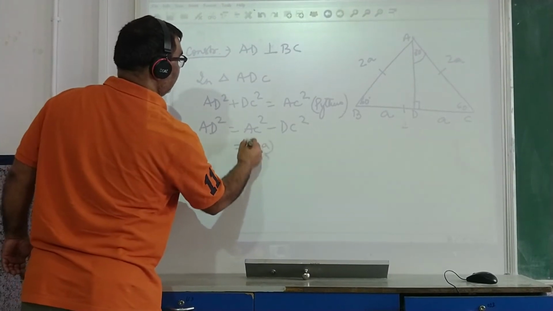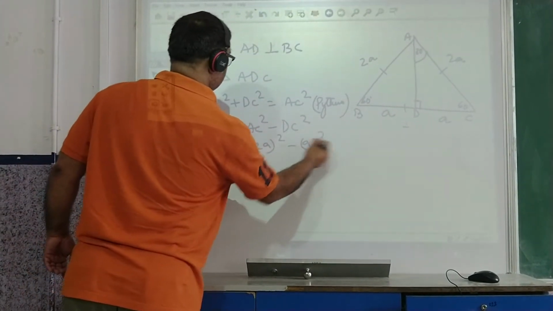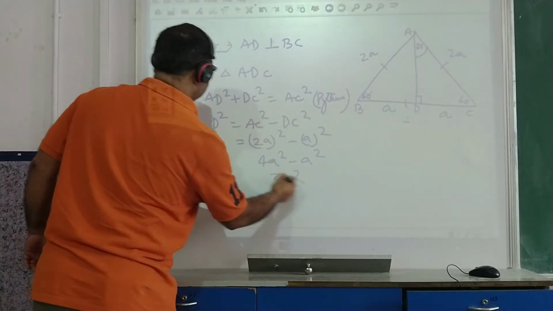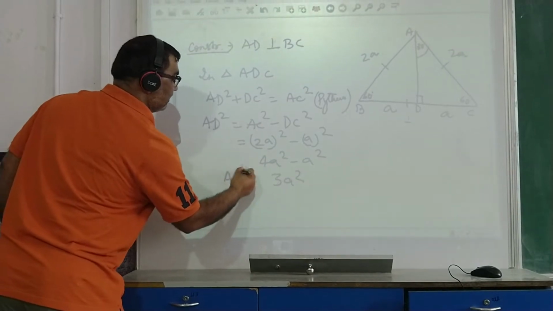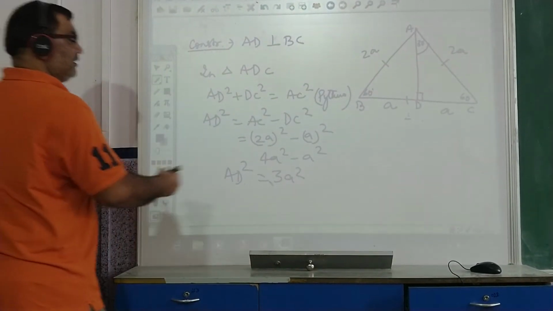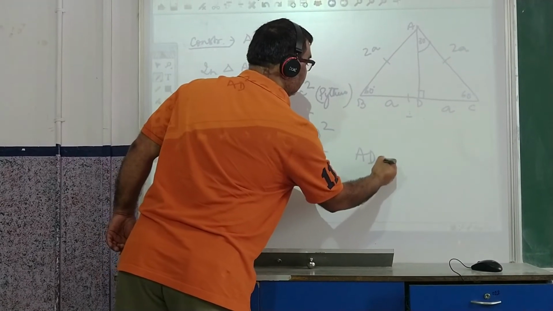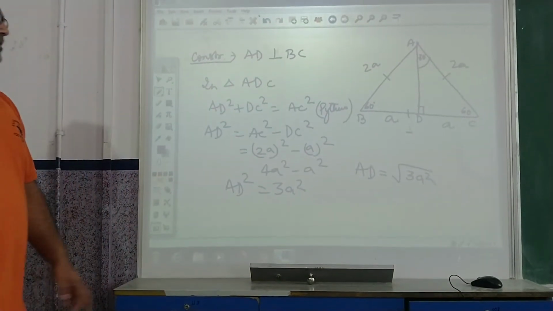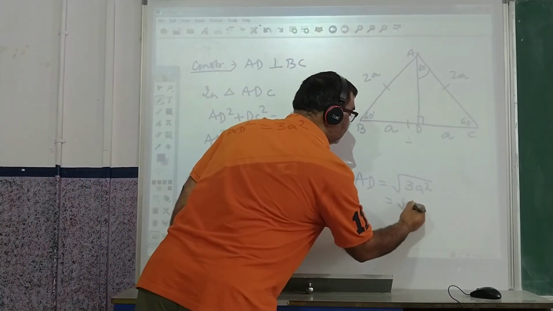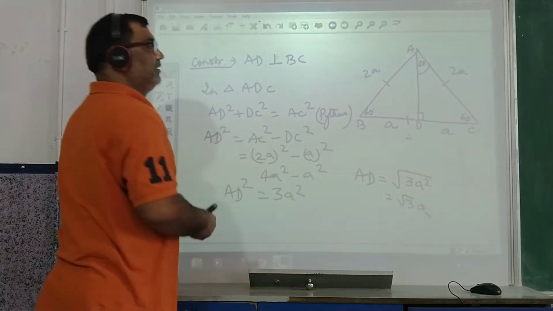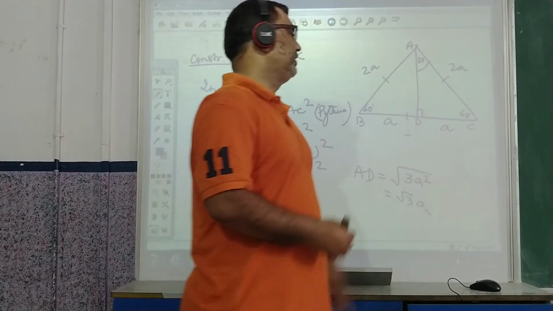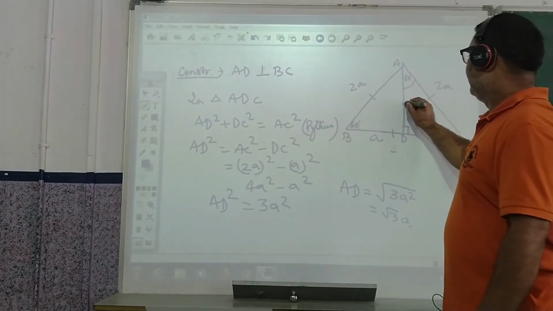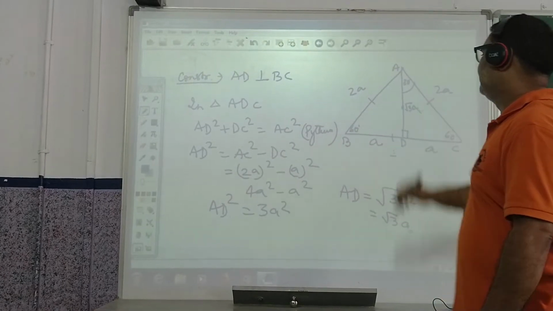AC is 2A, DC is A. So finally 4A square minus A square, so 3A square. Therefore, AD is equal to root under 3A square. So, AD is root 3A. This AD is root 3A.